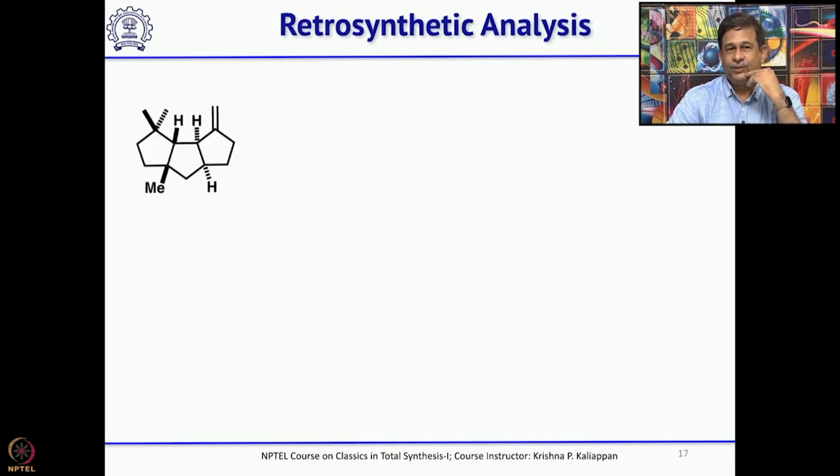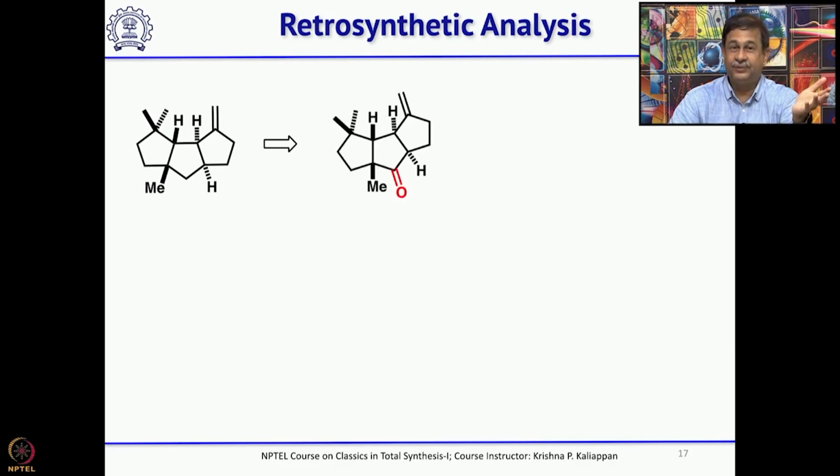So, let us see his retrosynthesis, and when you look at this capnellene, as I said, whenever you do not have many functional groups, you can introduce a functional group. So, here you have a functional group, a double bond, but that may not be sufficient sometimes when you do a proper retrosynthetic analysis.